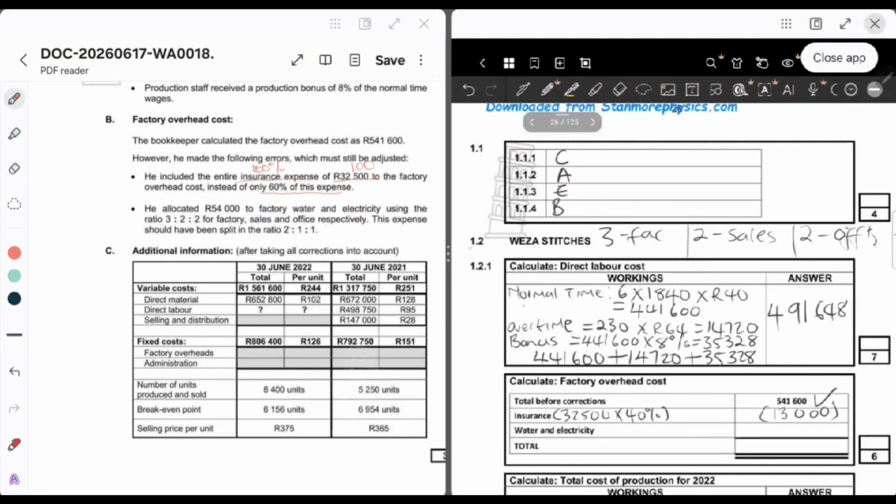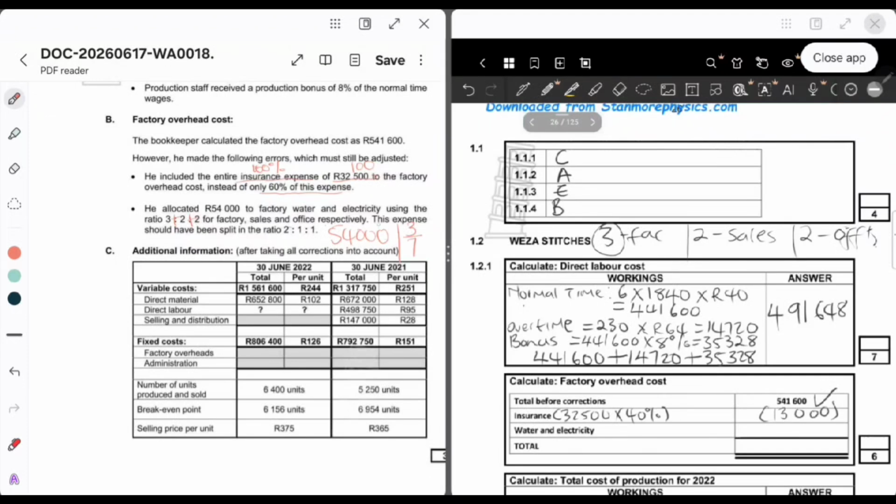Meaning this 54,000 that we are seeing is the 3, and in total we have 3 plus 2 plus 2, which is 7. So that 54,000 rands is a portion of 3 over 7.